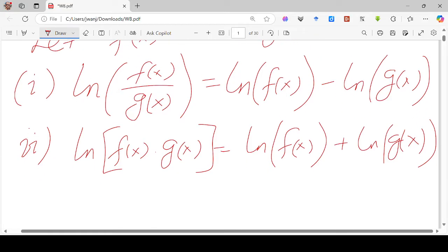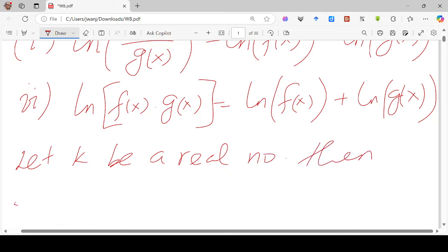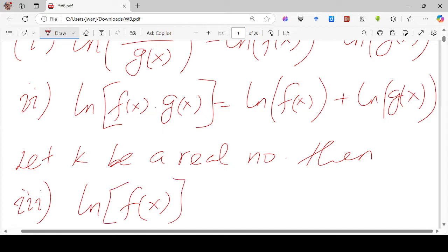And lastly, if k is a constant, a real number, then we have rule number three: the logarithm of f of x raised to the power of k is equal to k times the logarithm of f of x.